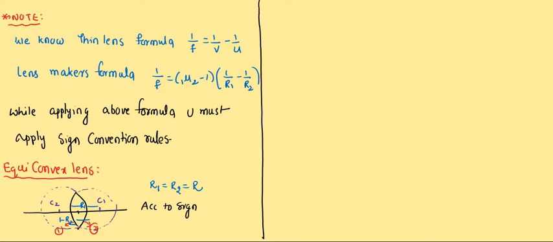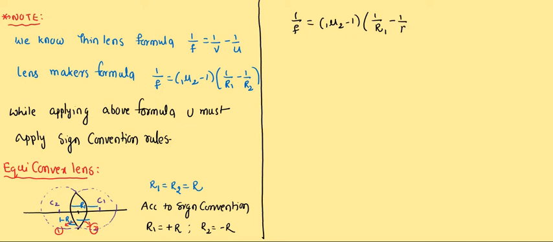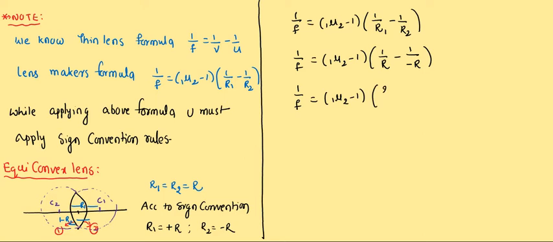R1 is on the right side, so we write R1 as plus R. And R2 is on the left side, so we write minus R. Then the equation becomes 1 by f is equal to 1 mu 2 minus 1 into 1 by R minus 1 by minus R. Then we get 1 by f is equal to 1 mu 2 minus 1 into 2 by R.